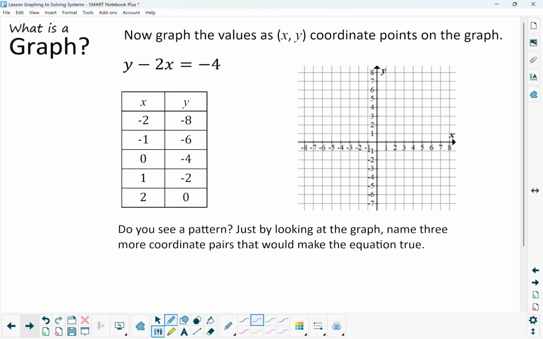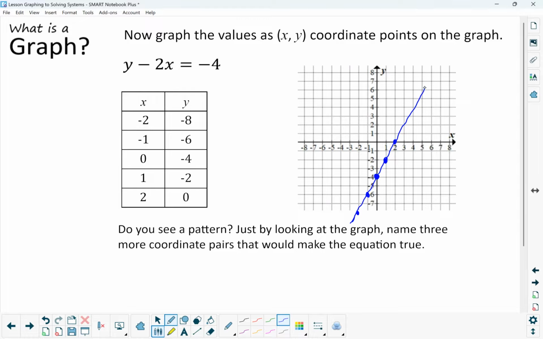If we looked at a graph of this, each of these ordered pairs is one point: negative 2, negative 8. Sorry, that was my bad. Negative 1, negative 6. 0 as an x value goes with the y value of negative 4. 1 goes with negative 2, and 2, 0. And so you can see that there's sort of a pattern here.